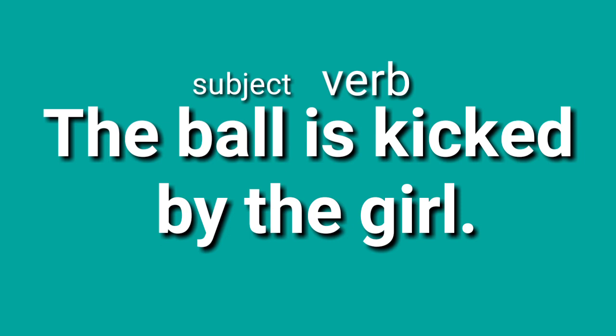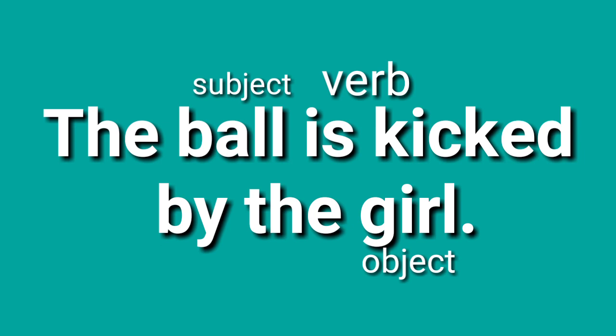Therefore, the girl here is our object. And at the same time, the doer of the action is kicked. Our subject ball is the receiver of the action is kicked. Kumbaga, ang ating subject ang tinutukoy ng galaw dito sa pangungusap.